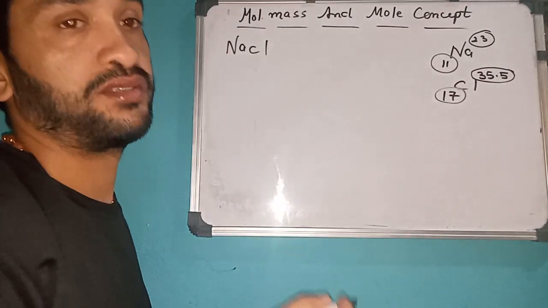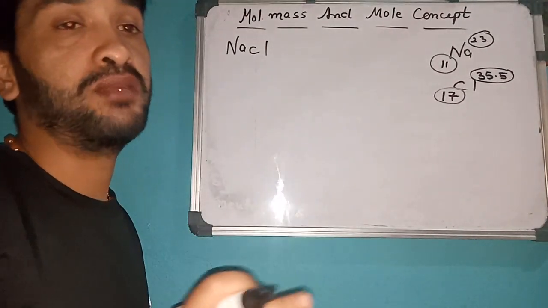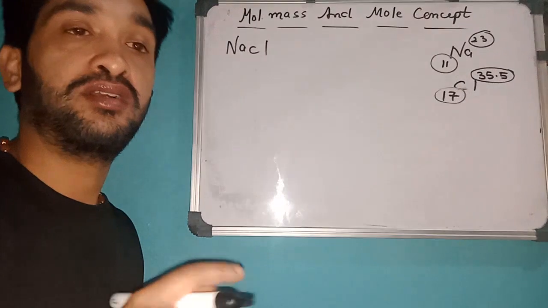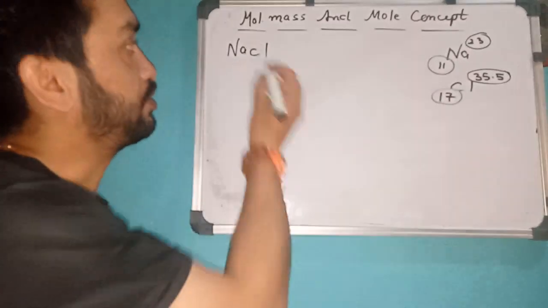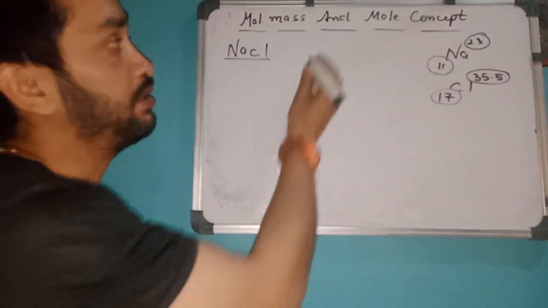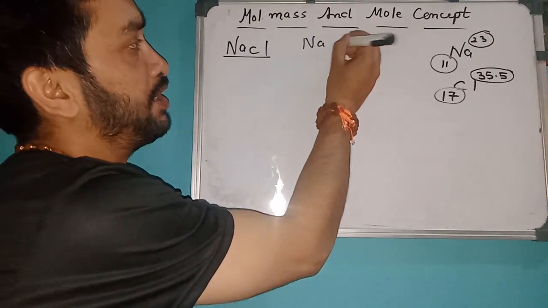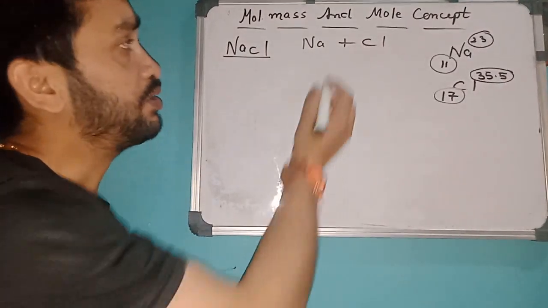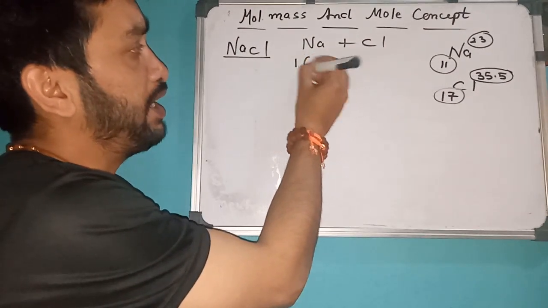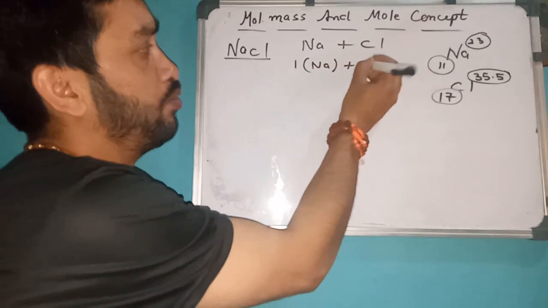Just separate this into the simplest number of atoms. If two atoms are there, write 2 into that atom. Suppose 1 is there, so 1 into that atom. In this formula, it is Na plus Cl, so only one Na and only one Cl.